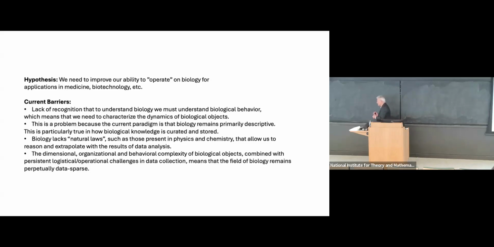What we have in biology, aside from laws that we don't have, is we have a lot of biochemistry, which is fairly rigorous. We have a lot of pathway information. We have a lot of computational models. We have thousands of computational models that are published for different bits and pieces. They all need to be put together. They come at different scales. We need to put the scales together.